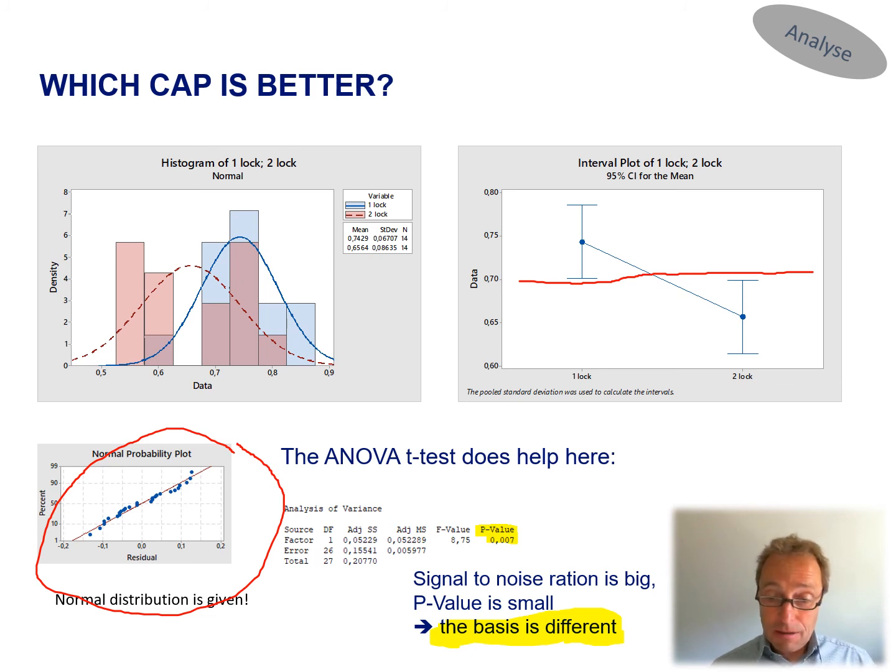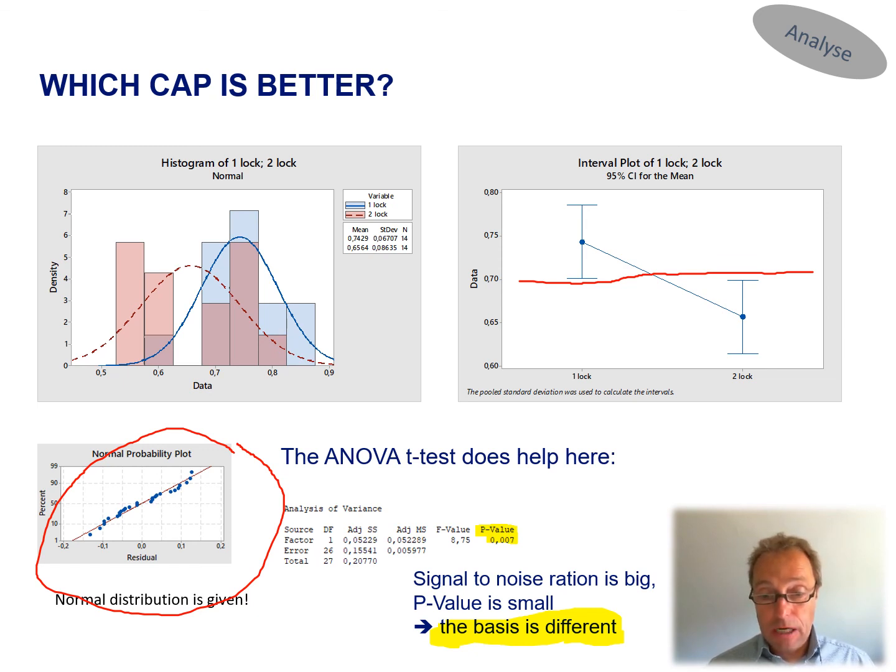In this case, it gives us the p value, and the p is very low. A low p means in this case that it's coming out of a different population. P is low, H0 must go. So cap number 2 is different from cap number 1.